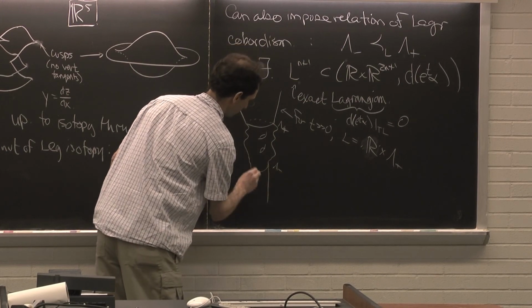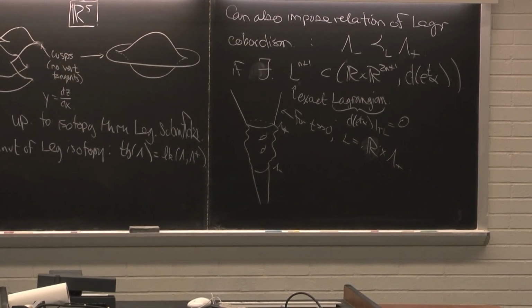And then it becomes just the bottom Legendrian cross R after a certain point.